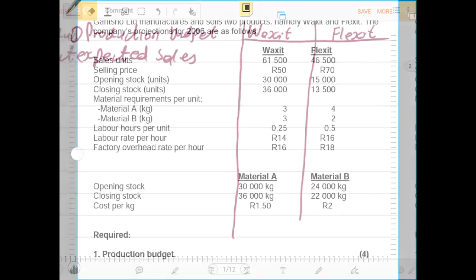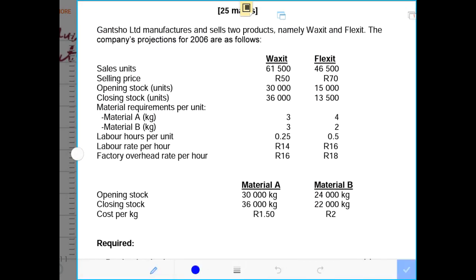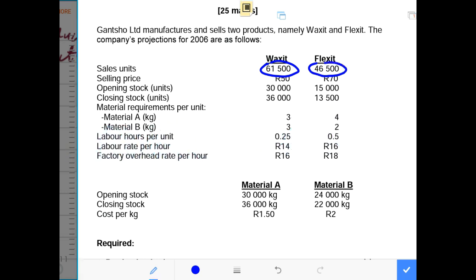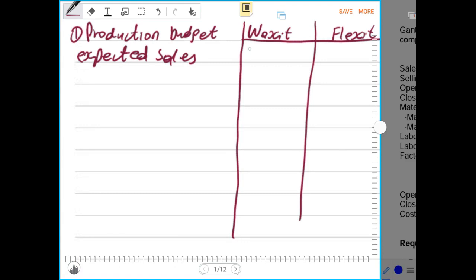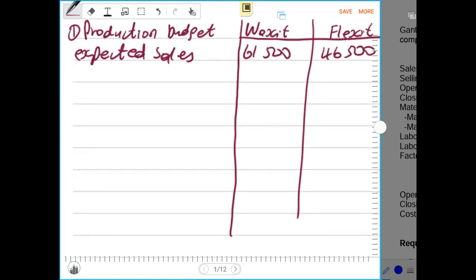And our expected sales are given to be 61,500 for the first product, which is product Waxit, and 46,500 for product Flexit. So now we write those expected sales as they are, which is a total of 61,500 and a total of 46,500 units that this company expects to sell in this given period.